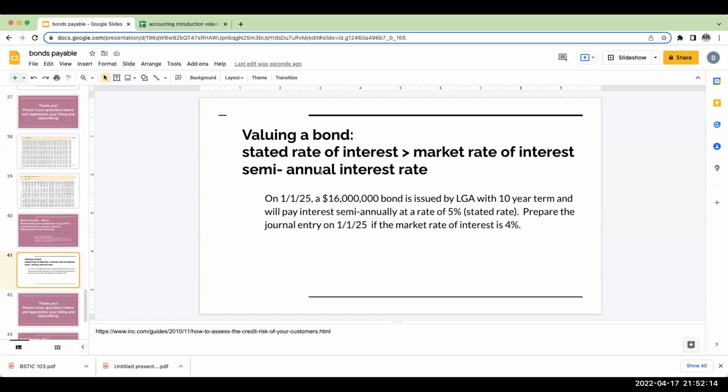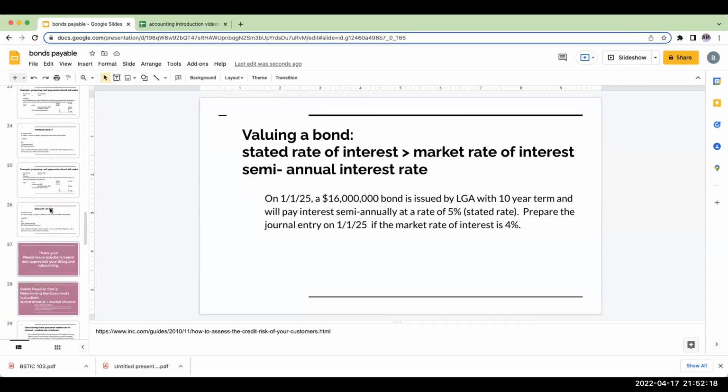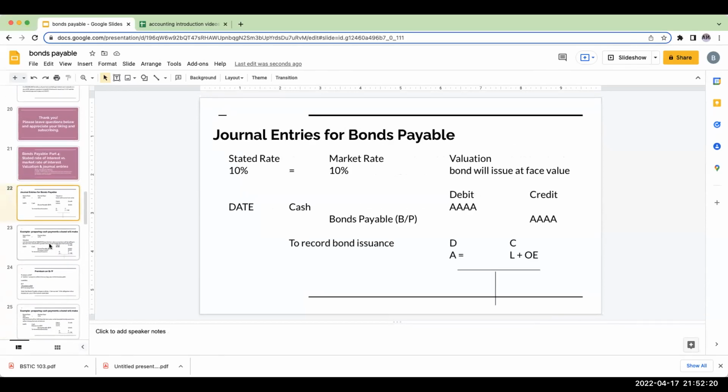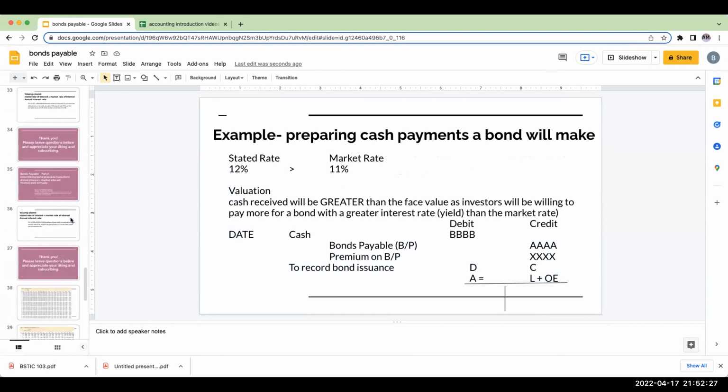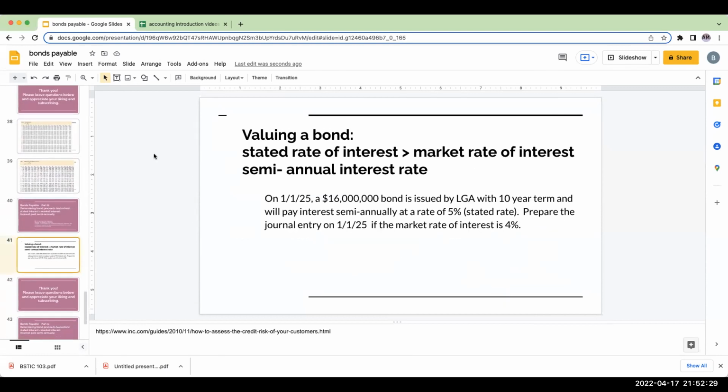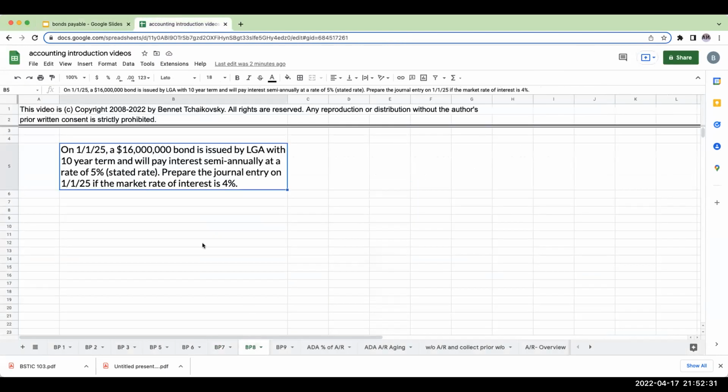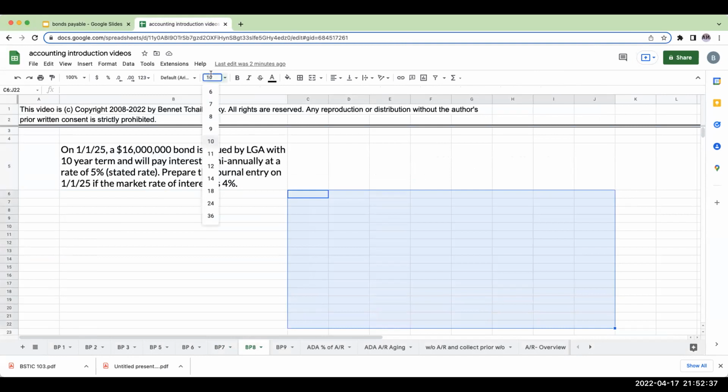So the first thing is, if the stated rate of interest is greater than the market rate of interest, what is going to happen? Well, we know that if the stated rate is greater than the market rate, it's going to issue for a premium. So for question 8, because the stated rate is greater than the market rate, we know it's going to issue at a premium.